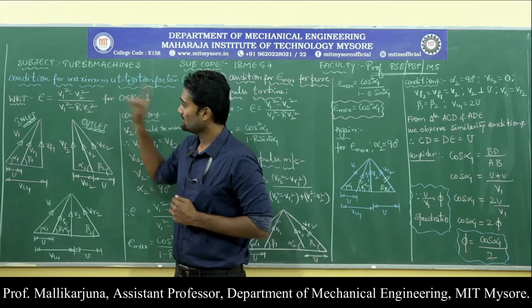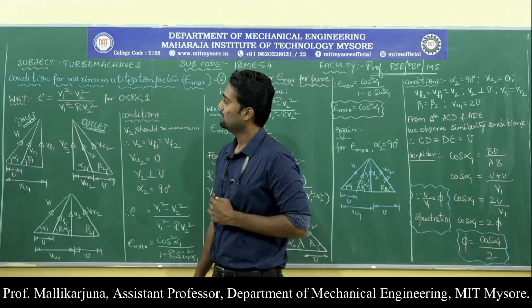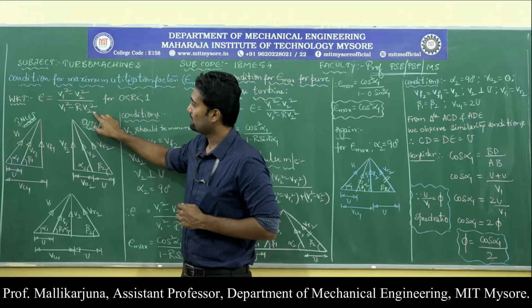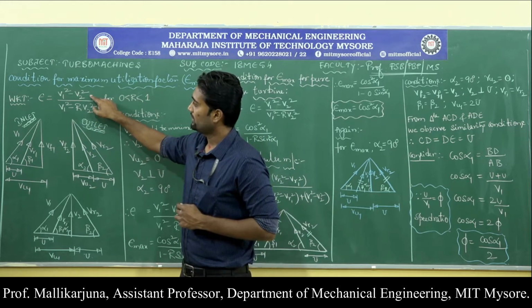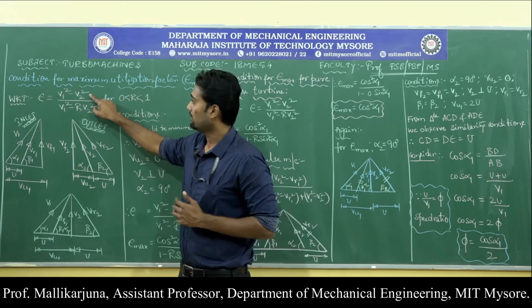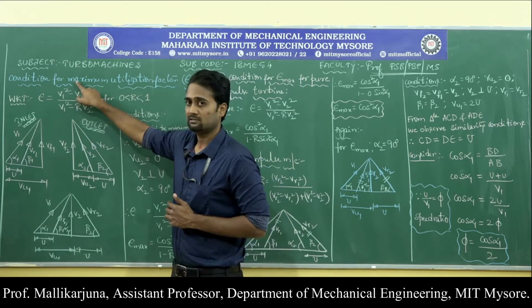Only one such condition we can observe to make epsilon maximum is if we reduce the value of V2, which is the absolute velocity at the outlet. If V2 gets reduced, the numerator increases.